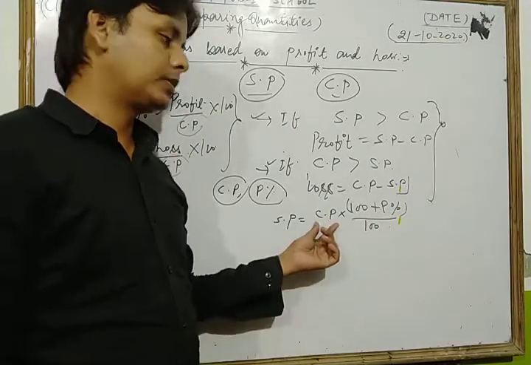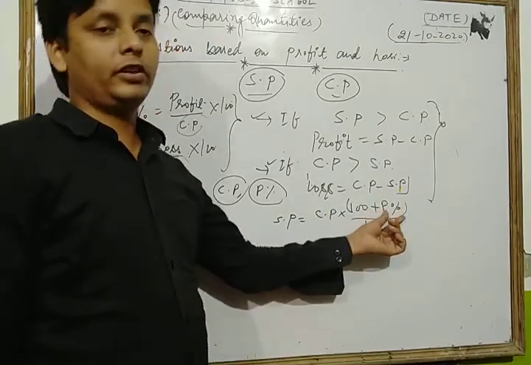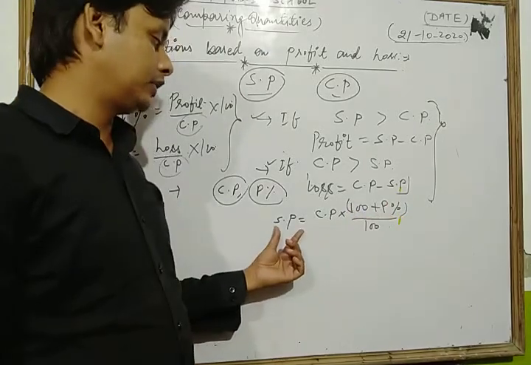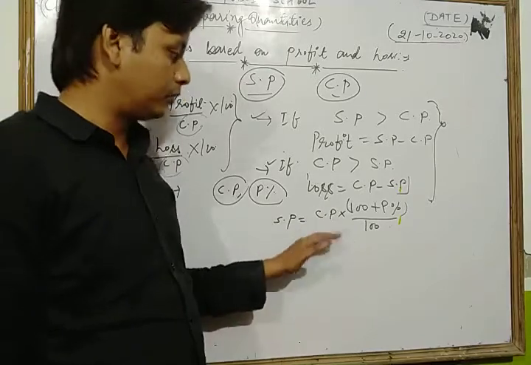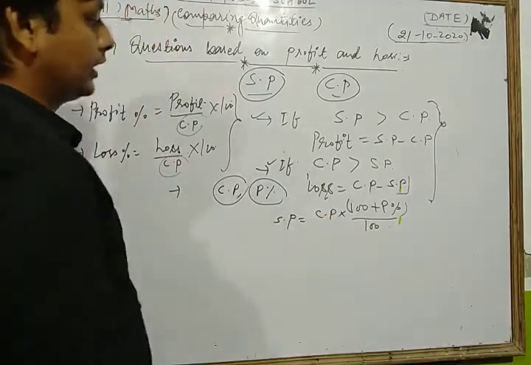It means if cost price is given and profit percent is given, then in that condition we apply the simple formula for the selling price. Now from this formula we also find the cost price.